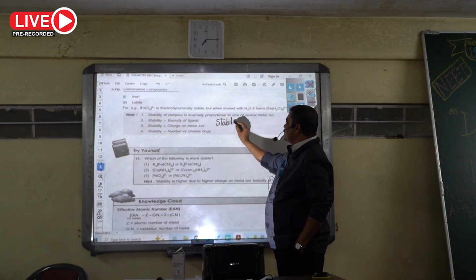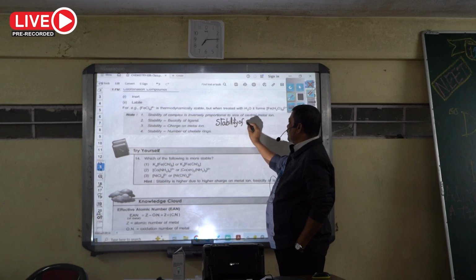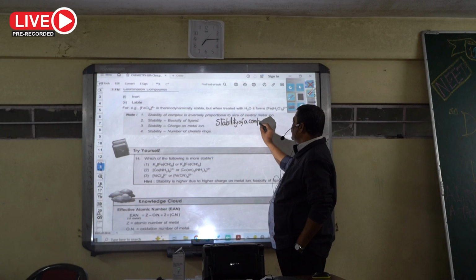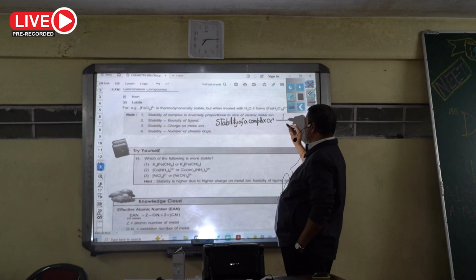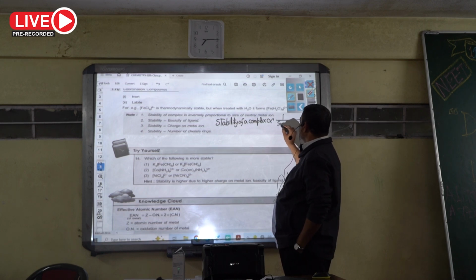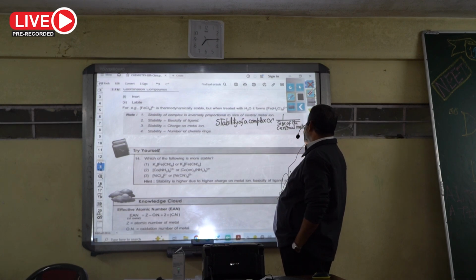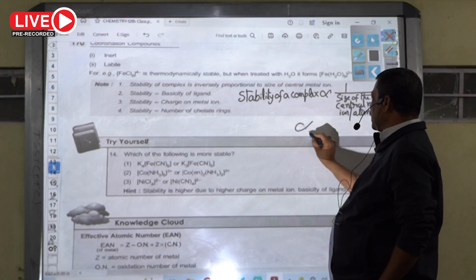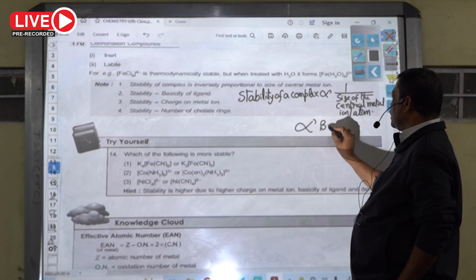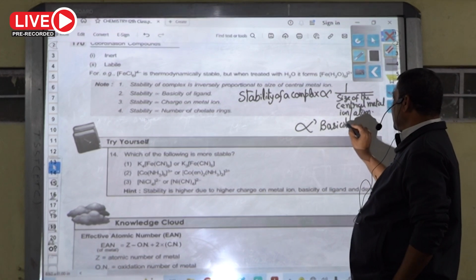Stability of a complex. We write in a different way. Stability is inversely proportional to the size of the central metal ion/atom, and directly proportional to the basicity of the ligand.